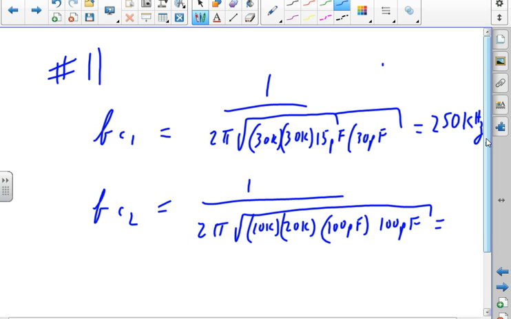Syntax error. You do C3, you do the case. Is it 12 or 9? 9. I got 250. Is that right?